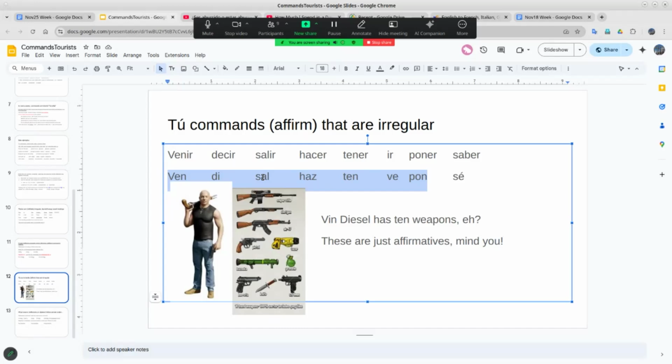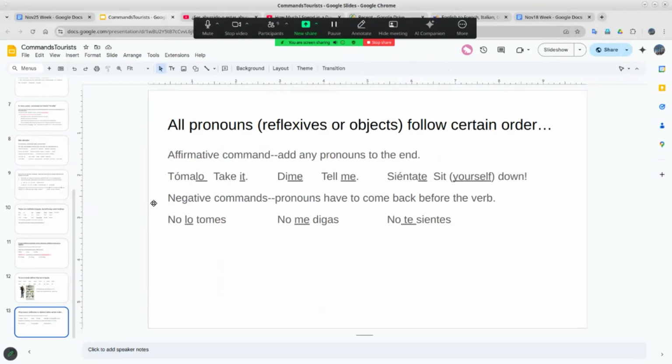Ten cuidado, be careful. Ve, go again. And pon, put something in a place. Those are the affirmative commands for tú that are irregular. And you got the Vin Diesel guy, okay?